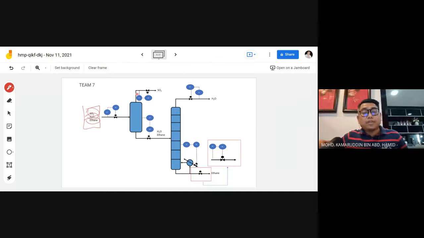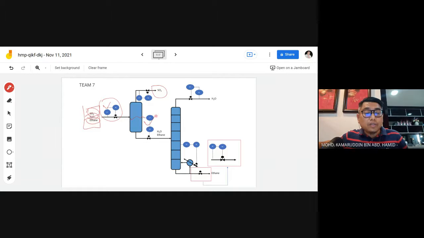So first thing first, what you do is you need to remove the water. You may have this, right? Okay, levels is you have ethane in the water here, then you maintain the liquid level.